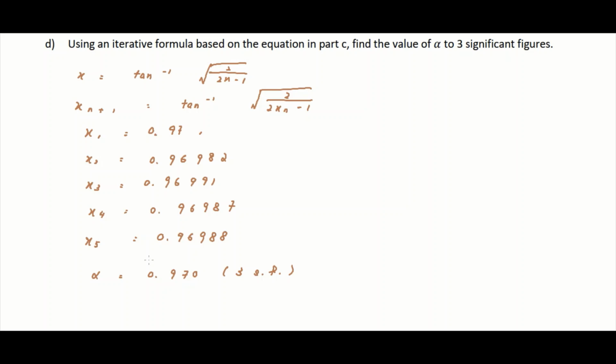Okay, the last part before we confirm this answer is we need to do the checking. So if our alpha is equal to 0.970, it gives us an interval from 0.9695 to 0.9705. The idea is that because you have 3 decimal places, it should be 0.0005 minus and 0.0005 plus.